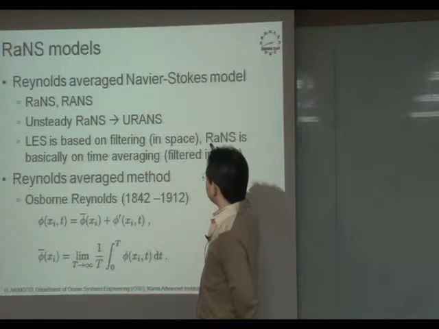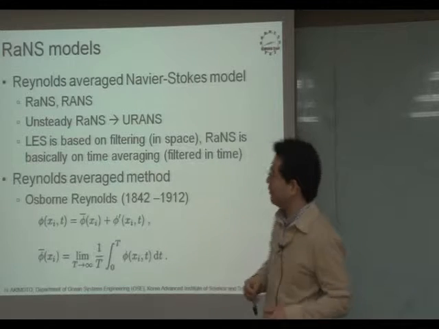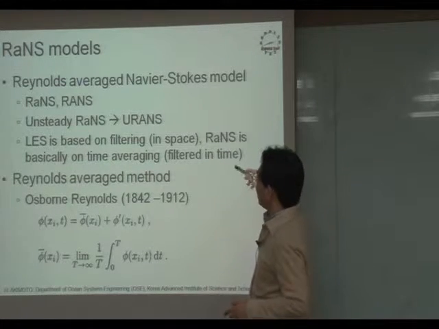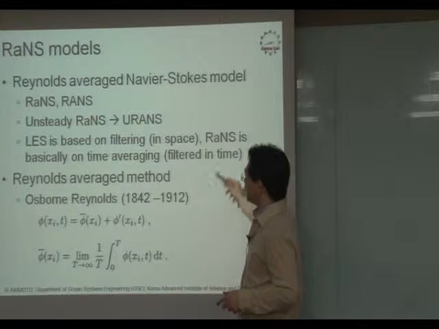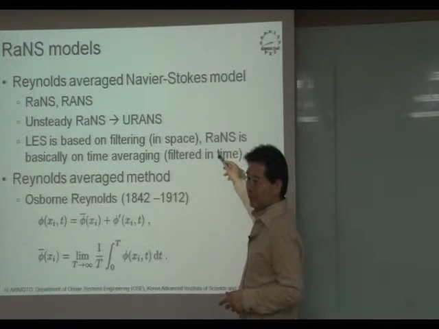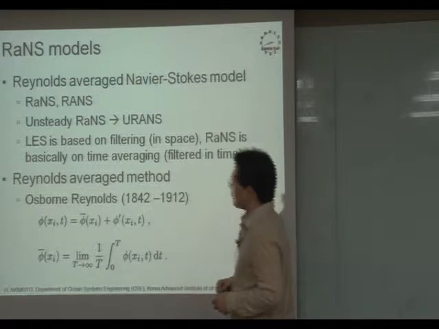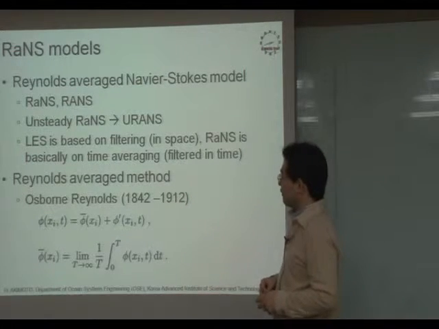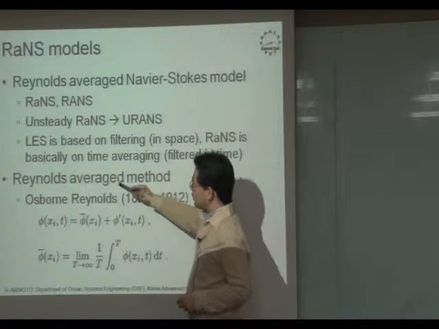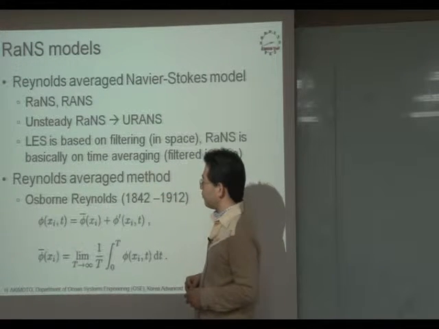But sometimes the situation is somewhat complicated. Sometimes we will use spatial averaging and sometimes time averaging in the RANS method. The concept of Reynolds average was introduced by Osborne Reynolds.